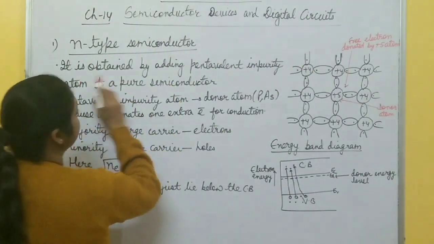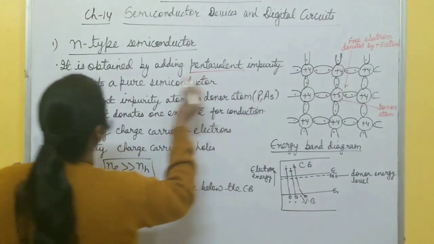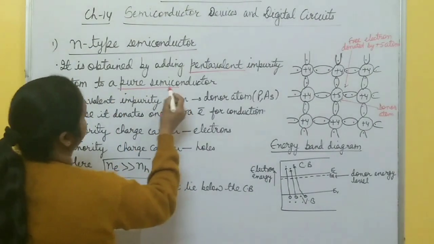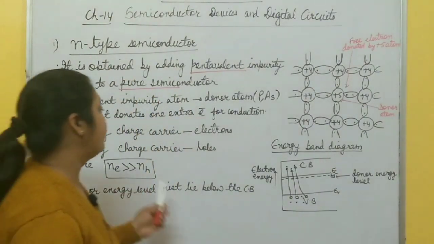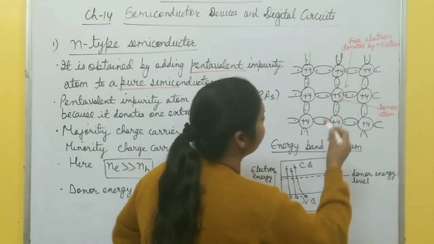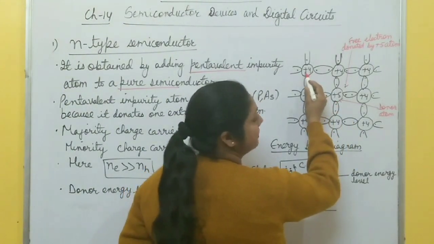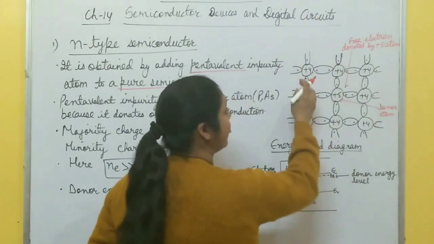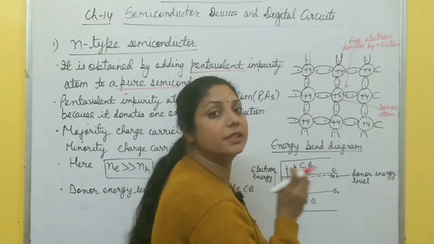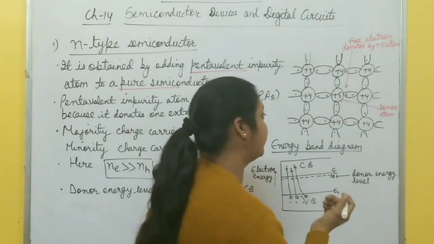So it is obtained by adding a pentavalent impurity atom to a pure semiconductor. Now what happens? Let us see here. This is a pure silicon atom, a pure semiconductor, which has plus 4 valence electrons in the outermost shell. It means a tetravalent atom.